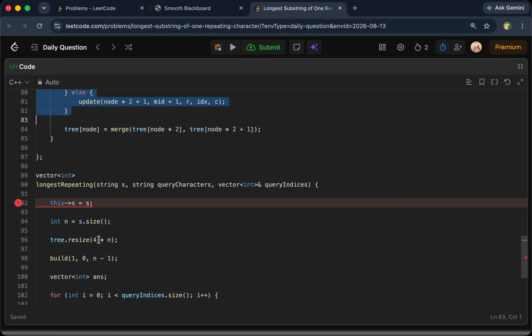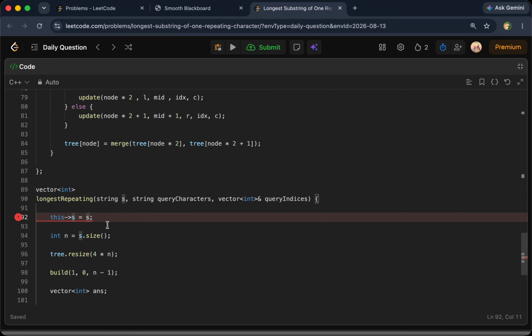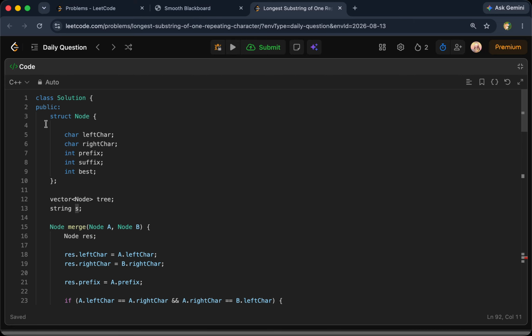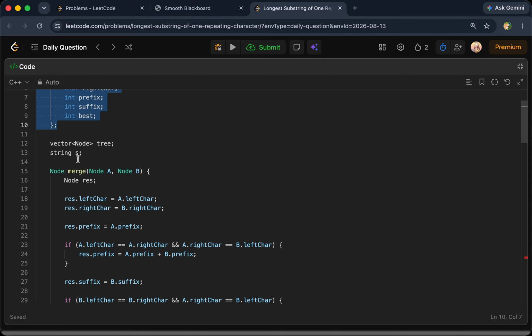I have to fix this. So let's see what my mistake is. Here we have the vector tree and string s.